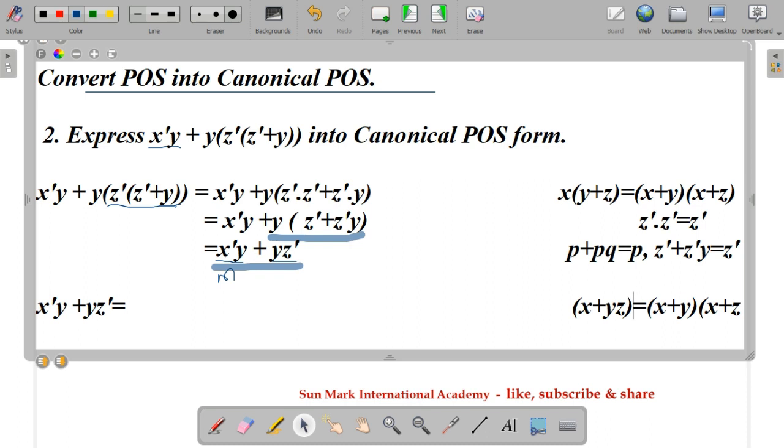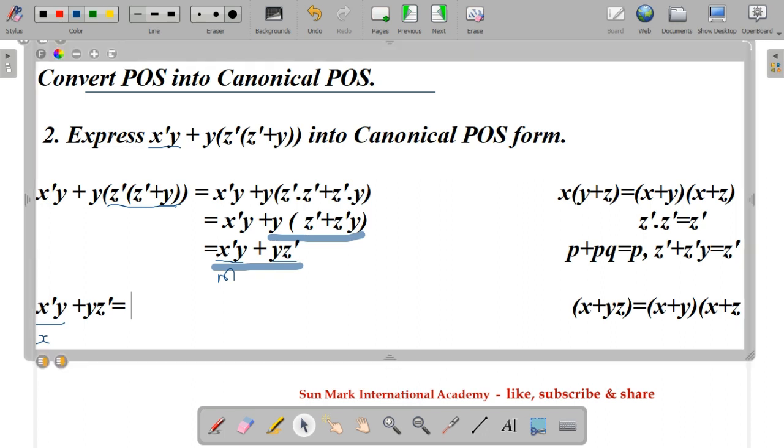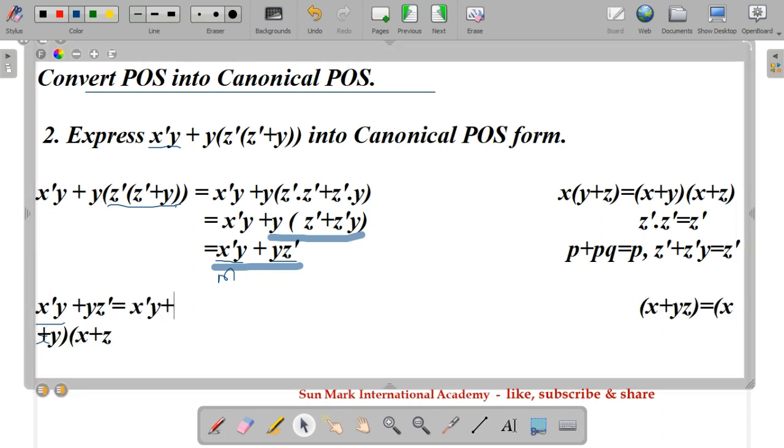Using this distributive law, we can consider the first term as x. So we will get the answer here, x dash y plus y into x dash y plus z dash.